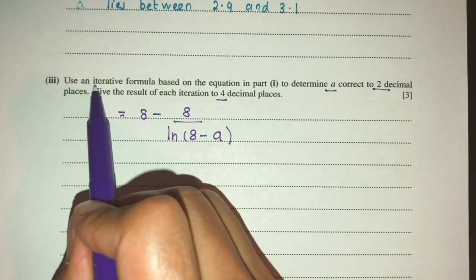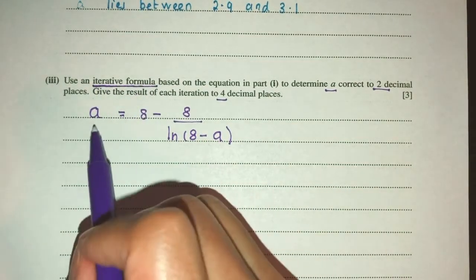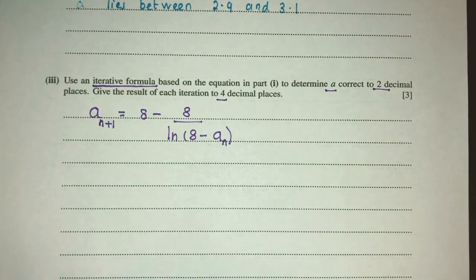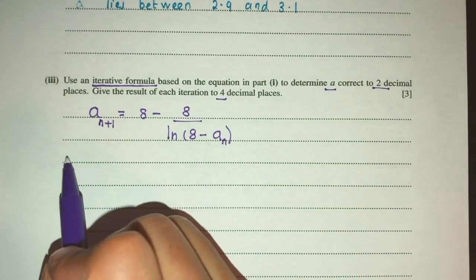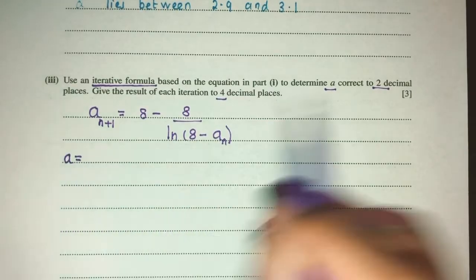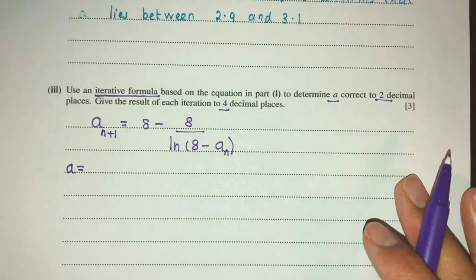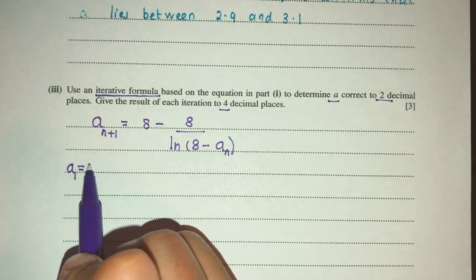We have to make it an iterative formula, so we write a n plus 1, and this becomes a n. For the first value, we take the value exactly halfway between those two. That will be 3, right? So let the first value of a be 3.